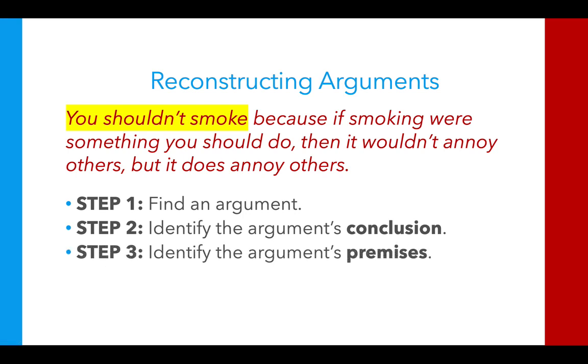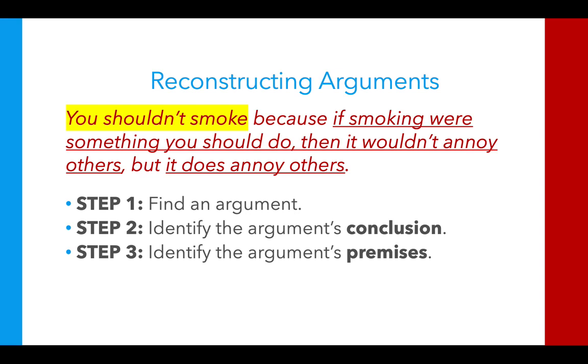Identify the argument's premises. What comes after because is a premise. If smoking were something you should do, then it wouldn't annoy others. And then we've got another premise down here. Smoking does annoy others. So this comma, but, is an indication that here's some other claim that's separate.